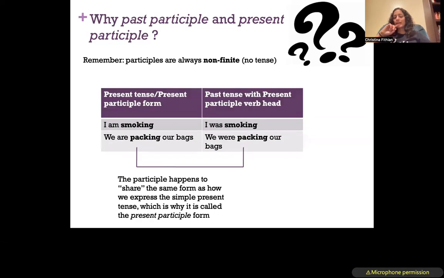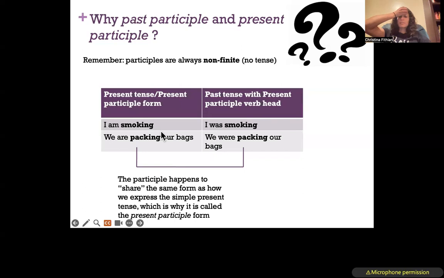So let's look at another example with the present participle. Now, here again, I have the sentence, I am smoking, okay? Present progressive. Now I can also say I was smoking in this case. And we're using this ing form.